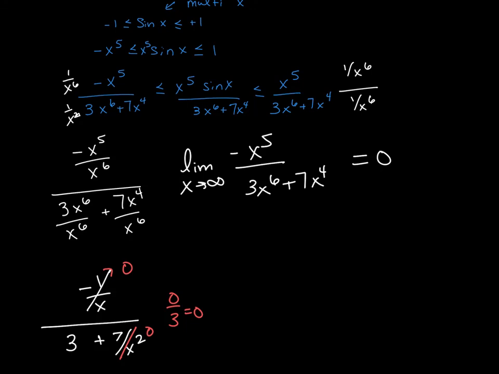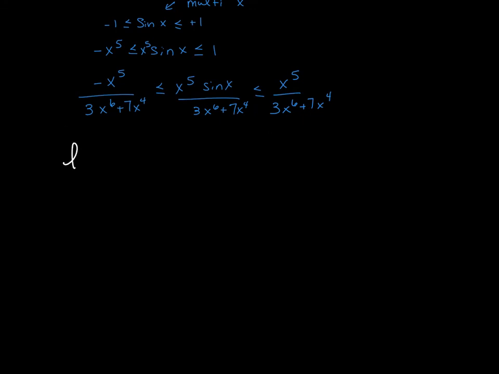So by the squeeze theorem, let me erase some of this so I can finish this limit. What I just showed was that the limit as x approaches infinity of negative x to the 5th over 3x to the 6th plus 7x to the 4th is equal to 0.